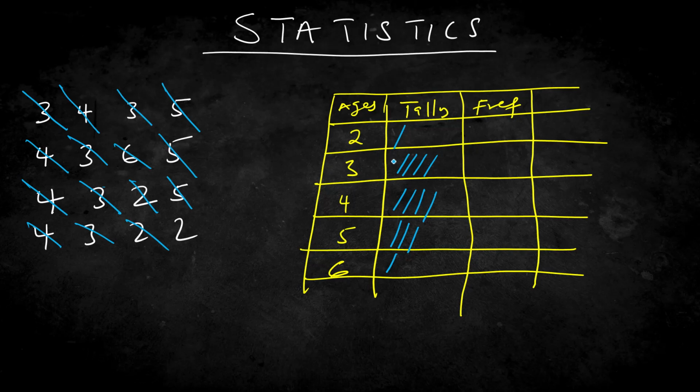So 3, the fifth I have to close it, then 2, then 2. Okay, so we have 3 strokes here. We have 5, we have 4, we have 3, and we have 1.